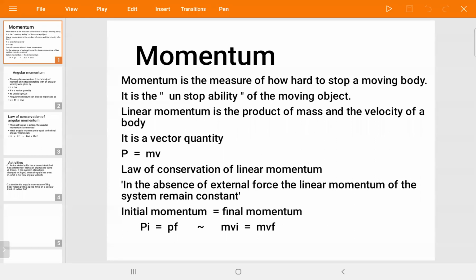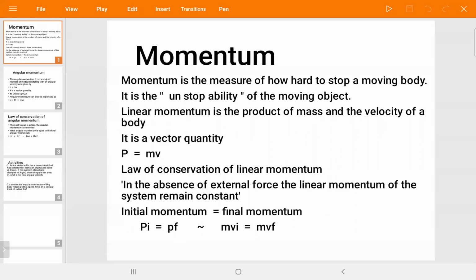Since mass is a scalar quantity, the direction of momentum will be in the direction of the velocity of the object. Therefore, momentum is a vector quantity.